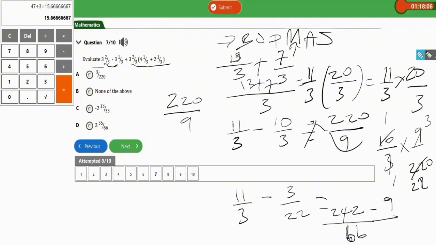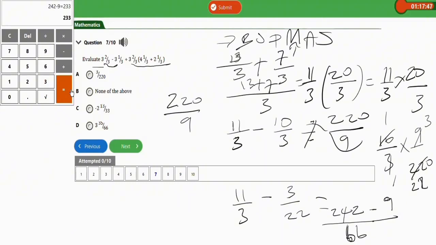Alright, so the final result will be 242, or let's just punch it in on this calculator. So 242 minus 9, do it gradually.